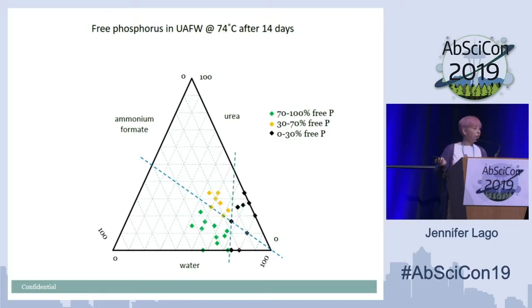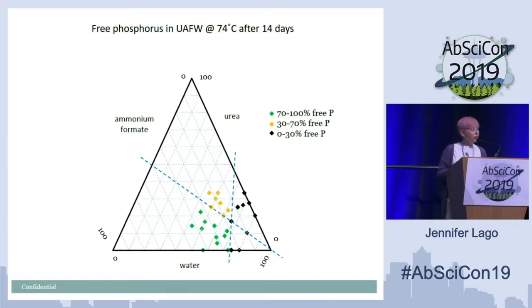But urea seems to be somewhat necessary within this system in order to drive down the water, because as I said, apatite is insoluble in water, so if we have any water in the system, we need to drive enough of it off in order to solubilize this phosphorus mineral.